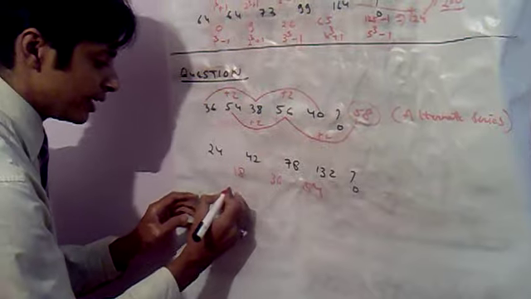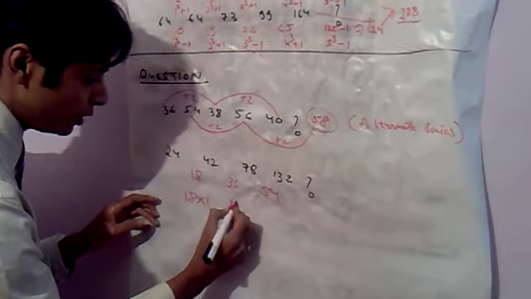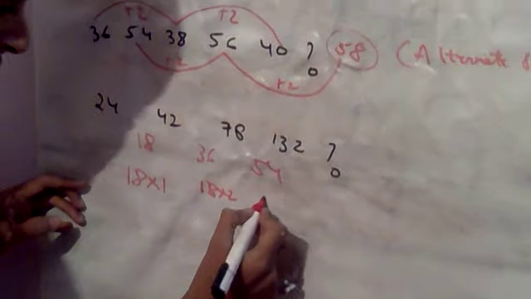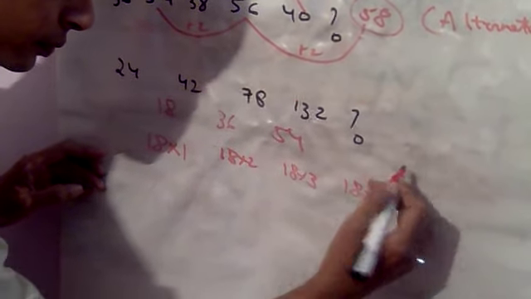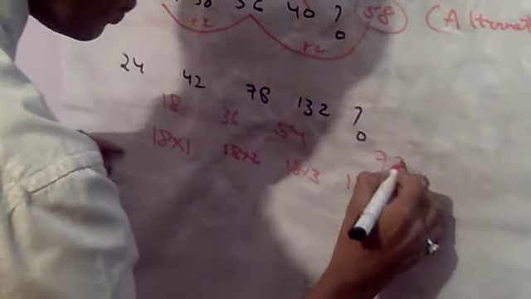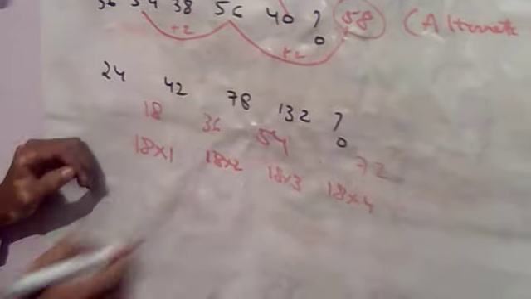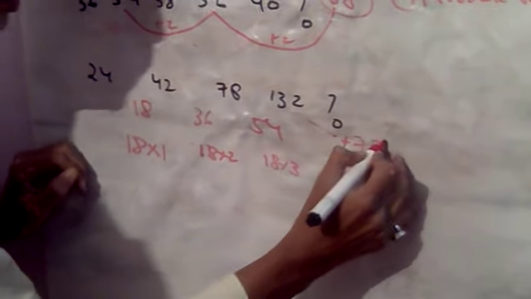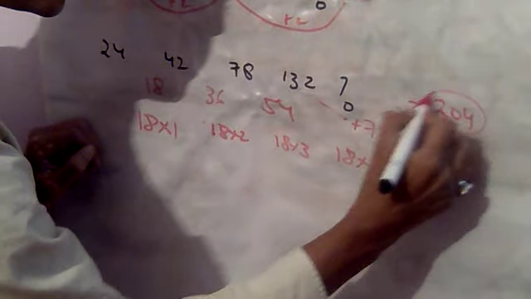Over here, it's a table of 18. 18 ones are 18, 18 twos are 36, 18 threes are 54, and 18 fours are 72. So over here 72 would be added and hence the answer would be 204.